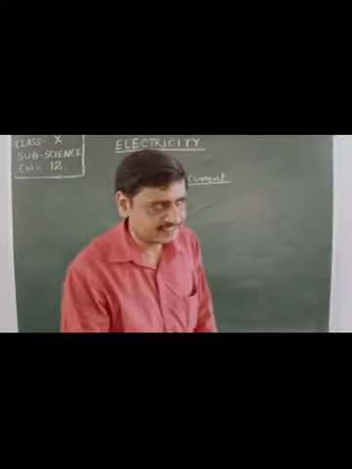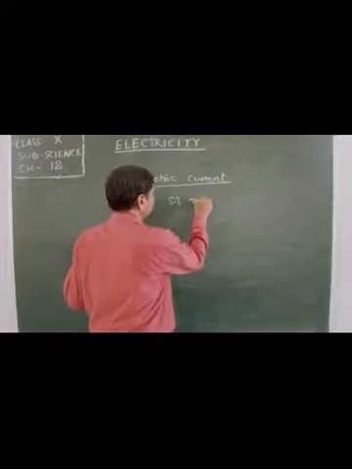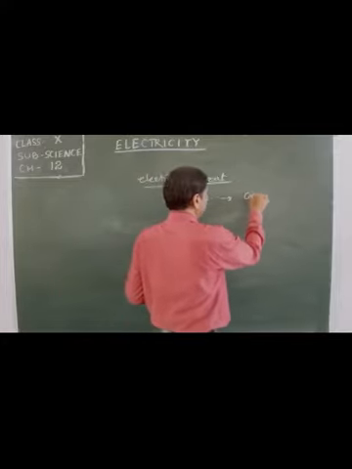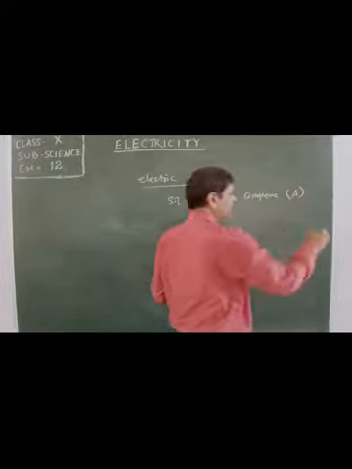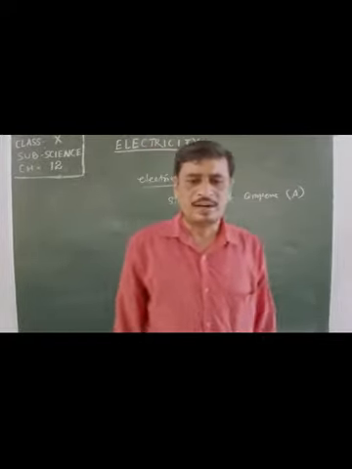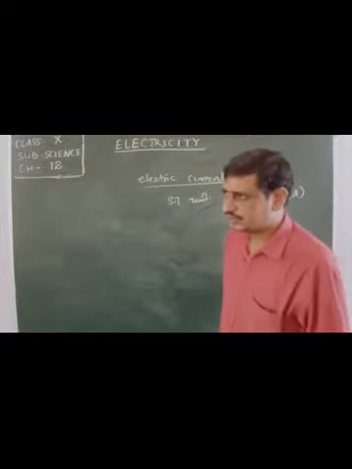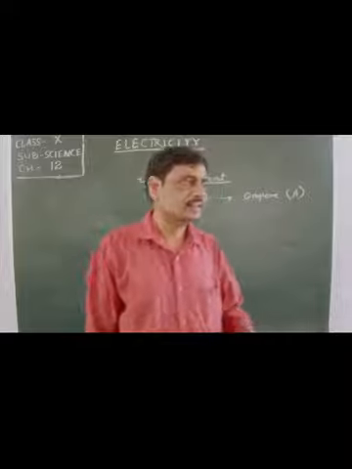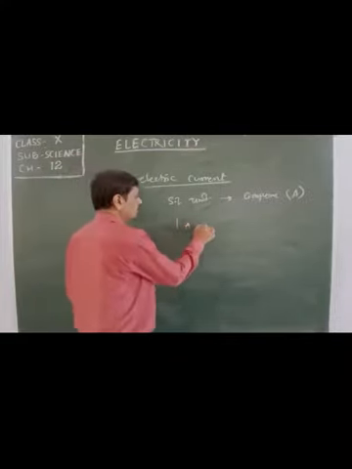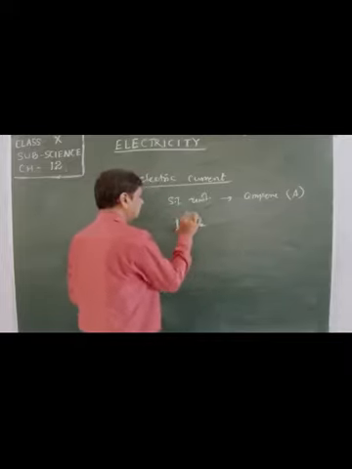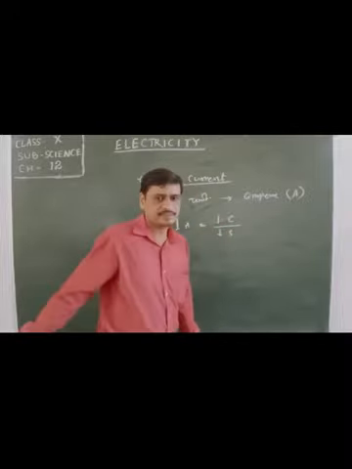The SI unit of electric current is the ampere. If 1 coulomb of charge flows in 1 second, then the electric current is said to be 1 ampere. 1 ampere is defined as 1 coulomb of charge flowing in 1 second.